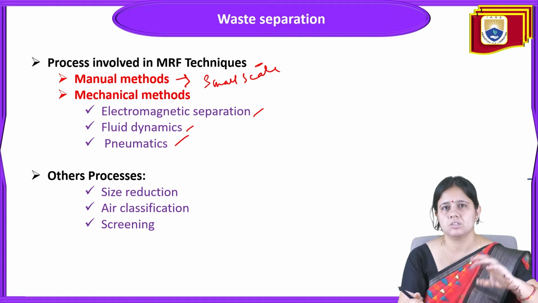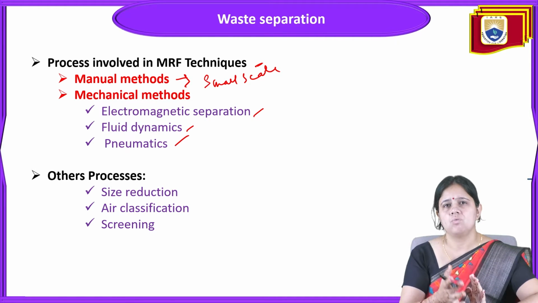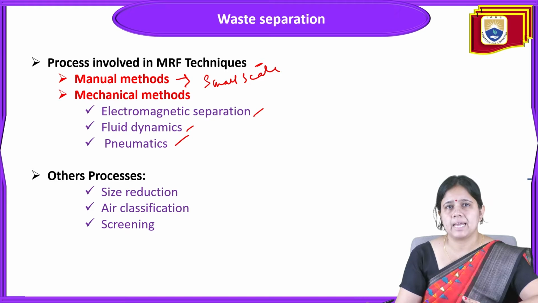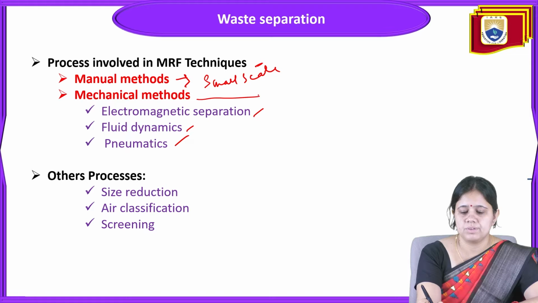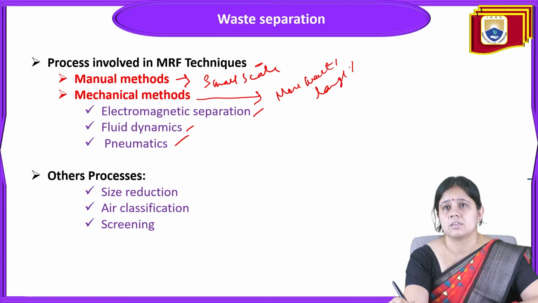In the pneumatic system, with high pressure, the waste is moved from one place to another. Manual work should be done on a very small scale, or if less waste is there. But the mechanical method will be followed when there is more waste and on a large scale.